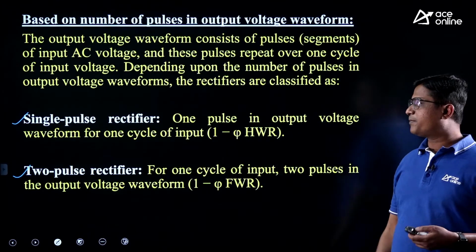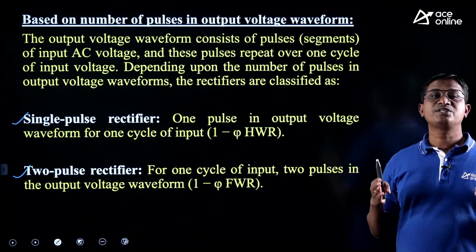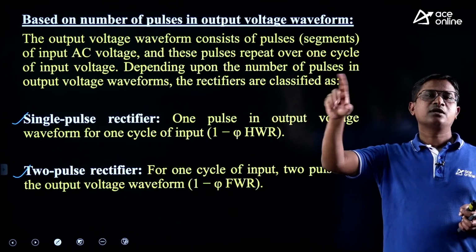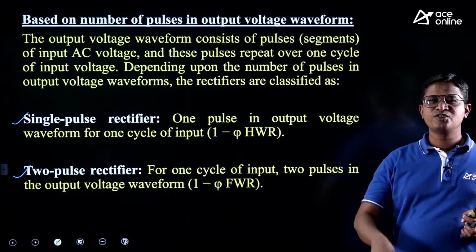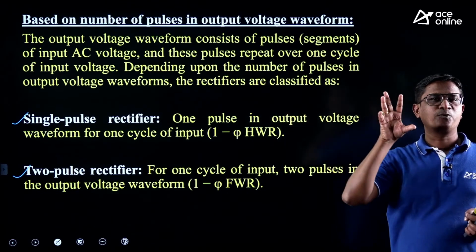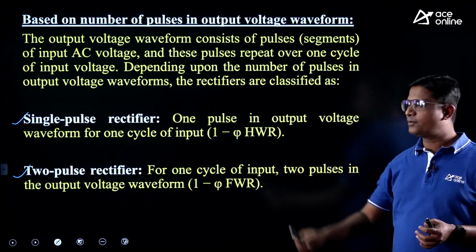Okay, single pulse rectifier means it is the rectifier which gives only 1 pulse in the output corresponding to the 1 input cycle of the supply, right? Means when your supply completes 1 cycle, then your output will be having only 1 pulse in the output. So it is known as a single pulse rectifier.